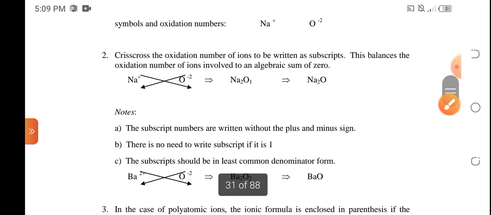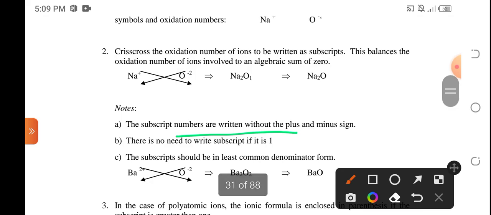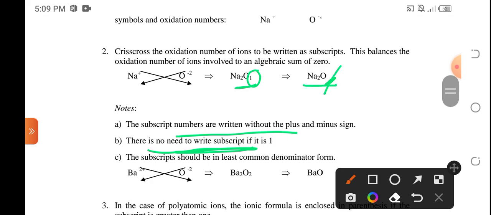And another rule is, subscripts are written without plus and minus sign. There's no need to write the subscript if it is 1. So itong 1 na ito, ma-omit na siya. So ang final chemical formula ng sodium oxide ay Na2O. Ang ibig sabihin nito, sa sodium oxide may dalawang atom ng sodium at isang atom ng oxygen.